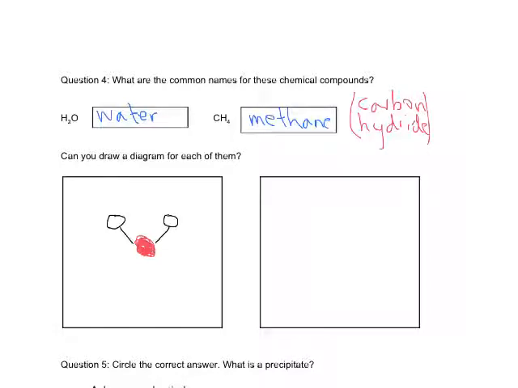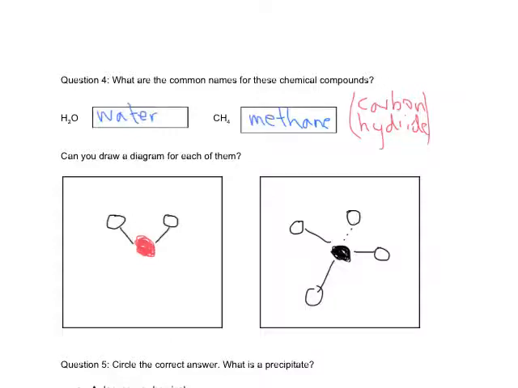Methane has got a carbon in the middle, and it's joined to 4 hydrogens, 1, 2, 3, and the fourth one going into the page. All these ones come slightly out of the page. A bit hard to draw when you've only got 2 dimensions. I'm trying to show with the dotted line here that this is going into the page, and the other 3 coming out of the page very slightly. It's hard to draw something that's 3-dimensional on a flat bit of paper.